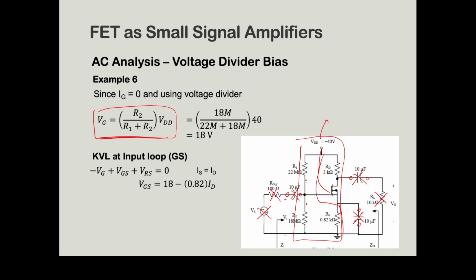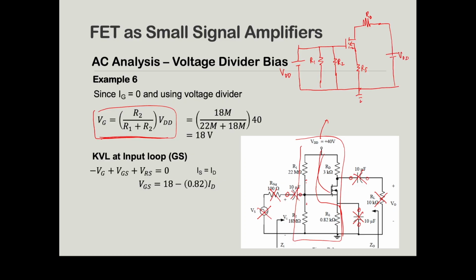This is your VDD, this is your R1, this is your R2, and then this is your gate, and this is your RS, and all of this is grounded. At this particular part, you're going to have RD, and then VDD again.